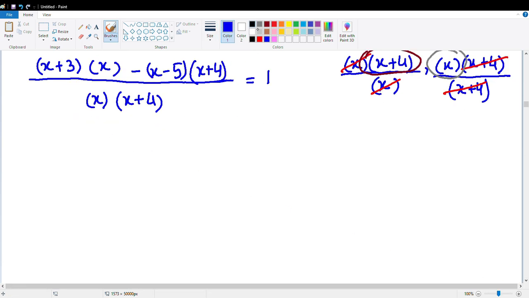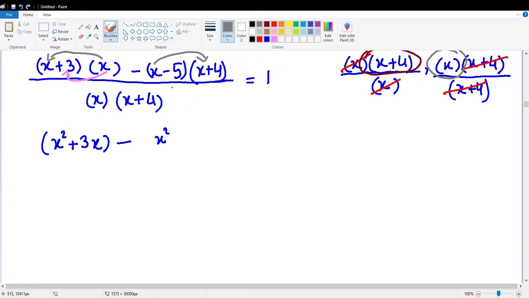And now let's multiply it. When x multiplies with x, we'll get x squared. And then when it multiplies with 3, we'll get plus 3x. And then we have this minus in the middle. Now, x multiplies with x, and we'll get x squared.